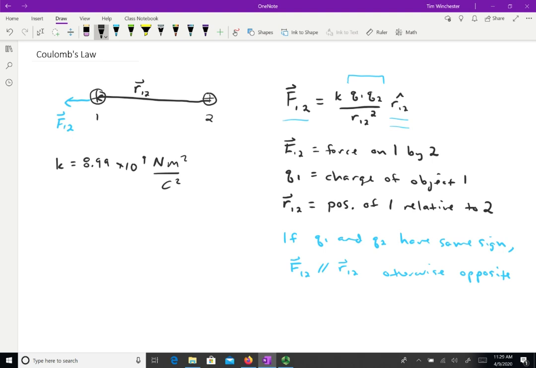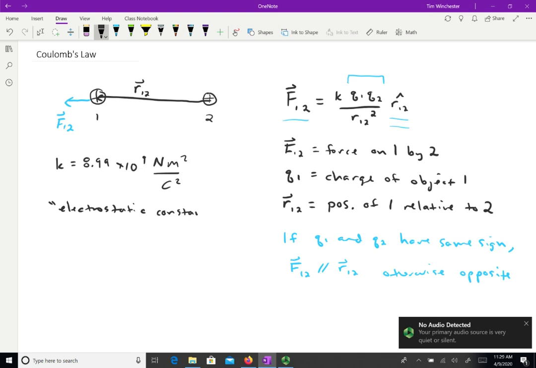Okay, so this constant has a name. We call this the electrostatic constant. And it shows up in a variety of different places, although we often will write it in a slightly different way, which I'll get to in a little bit.